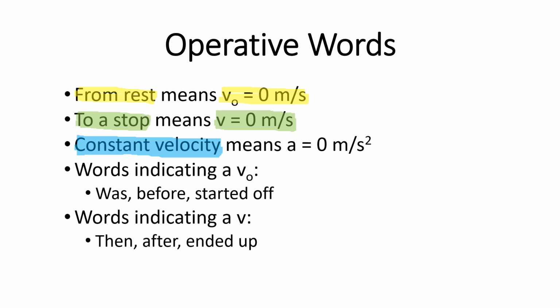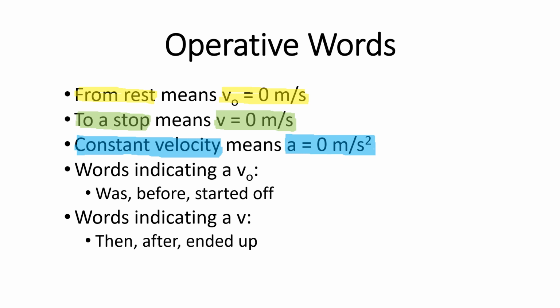So if you are at a constant velocity, it means your acceleration is 0. Because if you are at a constant velocity, your velocity is not changing. In other words, the velocity changes 0 meters per second per second. So if you ever see the words constant velocity, know that they've given you information in that problem.